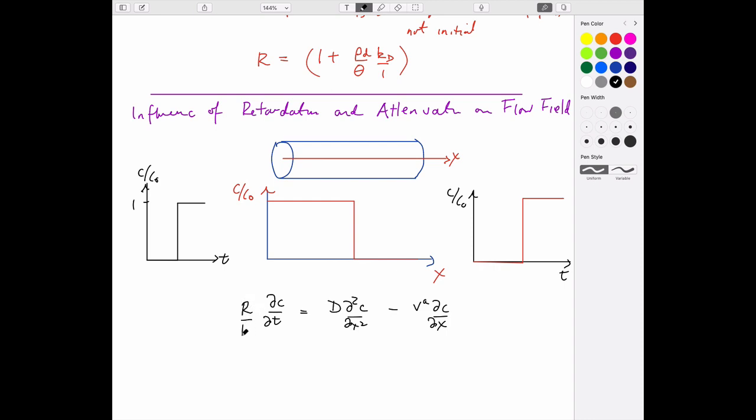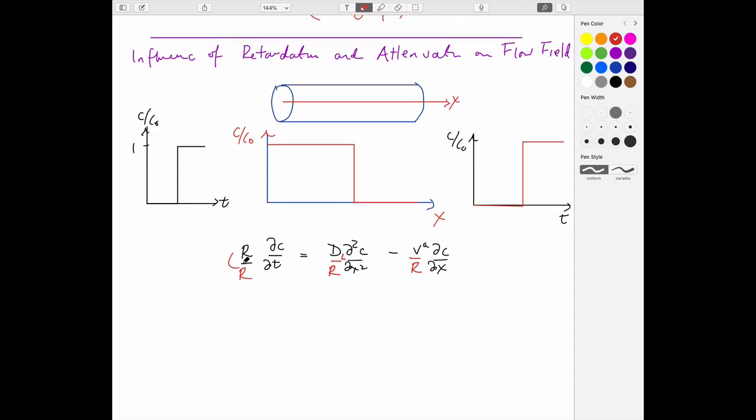So what we could do is divide both sides through by the retardation coefficient. I'm just going to change color. And so if we do that, now we've returned this side so it's equal to 1. And so it's our old advection diffusion equation. But now we've modified these parameters by dividing through by a number bigger than 1.